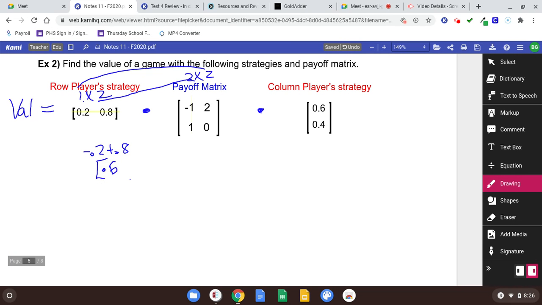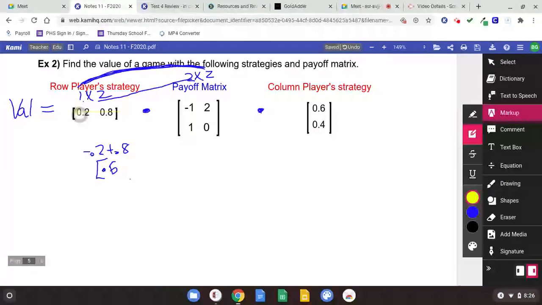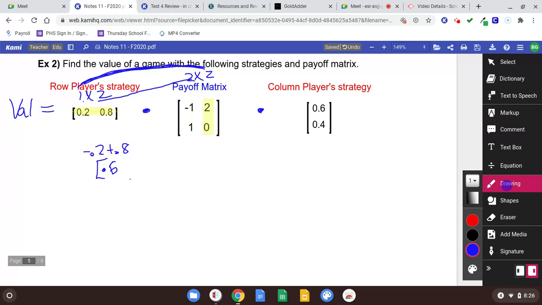But remember, we're going to end up having a 1 by 2 matrix, so that's the first entry. I take that same row times this second column now. So 0.2 times 2 is 0.4 plus 0.8 times 0 is 0. I get 0.4.